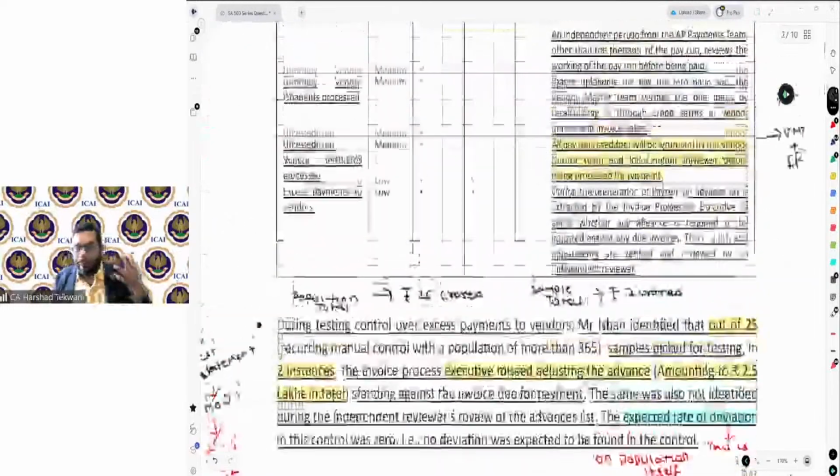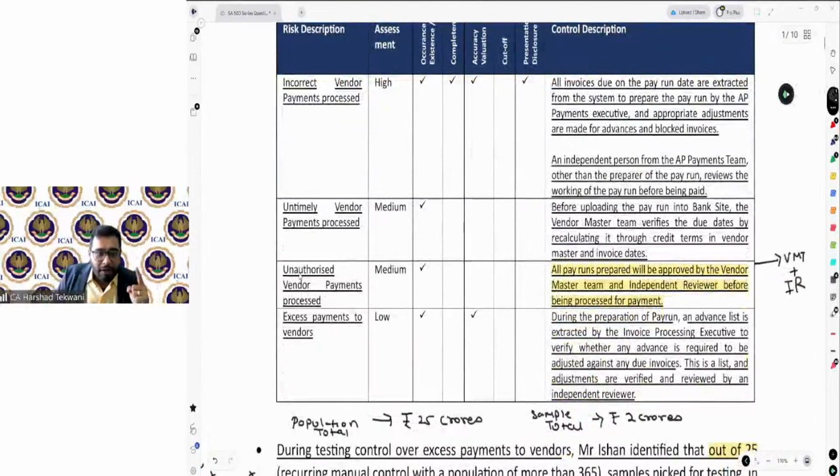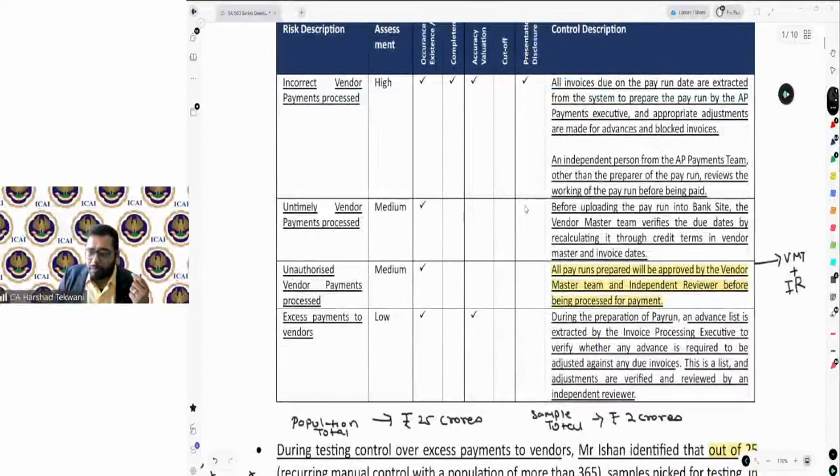I'm not sure if you have gone through the previous lecture on risk assessment, but unauthorized vendor payment has a risk on the occurrence assertion, and for that class of transactions, that is accounts payable, I am getting comfort from this control over the occurrence and existence assertion. So a mitigating control requiring an approval is already in place.